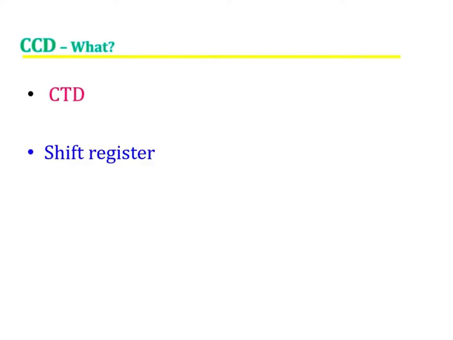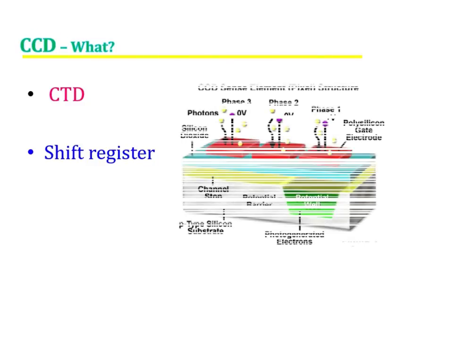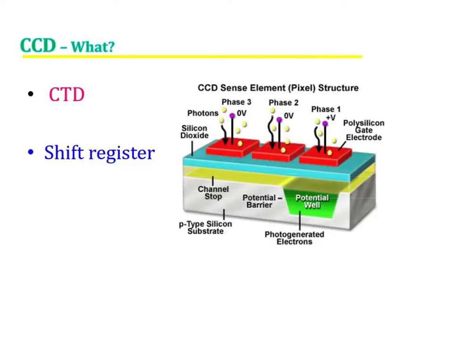Okay, what is a CCD? A CCD is nothing but a shift register formed by a string of closely spaced MOS capacitors, metal oxide semiconductor capacitors that have the ability to store and transfer analog signals, which can be either electrons or holes.